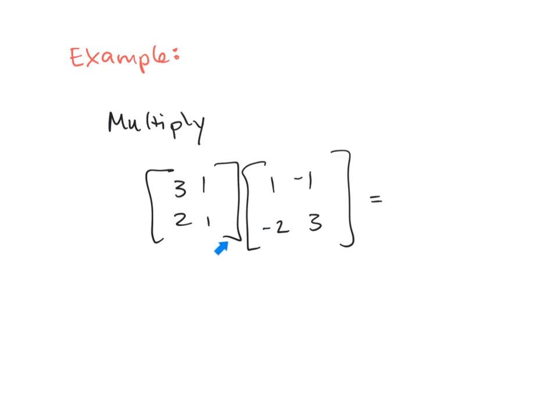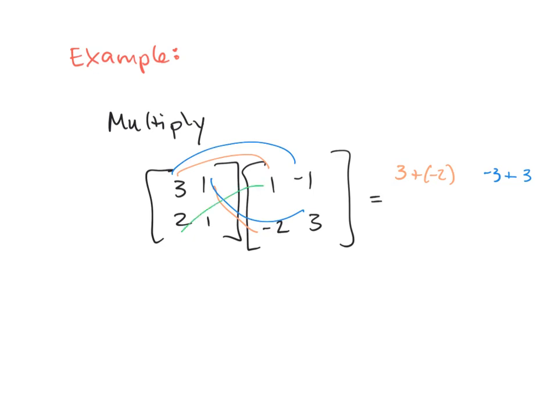So here's an example. We're just going to multiply these out, and you will see that we get the identity matrix. So first we'd have 3 times 1 is 3, plus 1 times negative 2 is negative 2. Then we would get 3 times negative 1 is negative 3, plus 1 times 3 is 3.